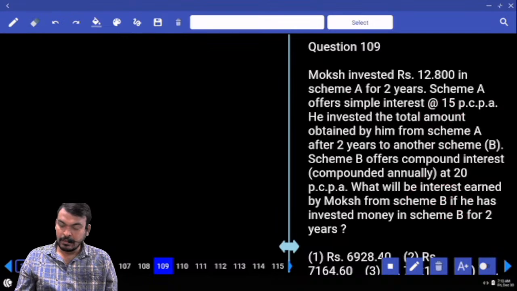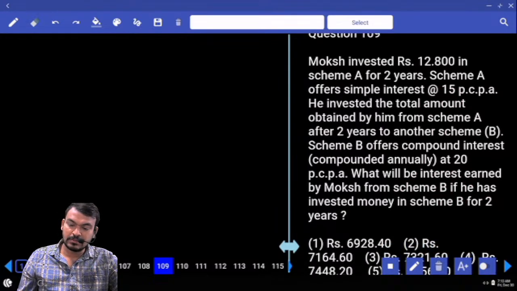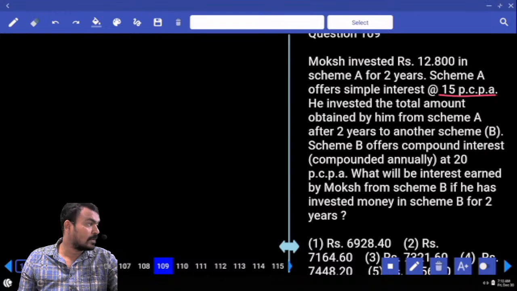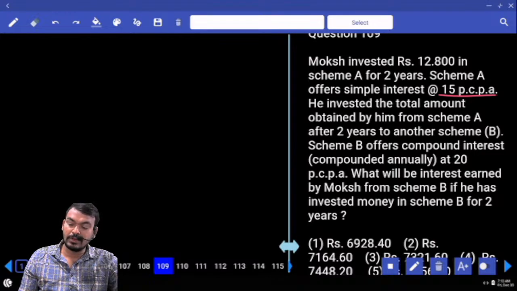109. Moksh invested 12,800 in scheme A for 2 years. Scheme A offers simple interest at the rate of 15% per annum. He invested the total amount obtained from scheme A after 2 years in another scheme B. Scheme B offers compound interest at 20% per annum compounded annually.